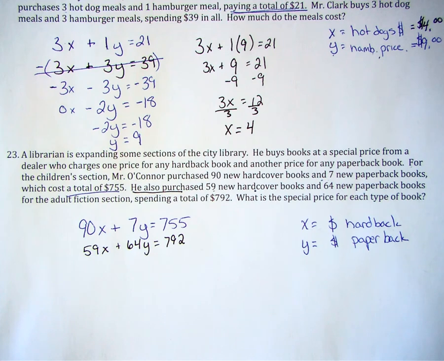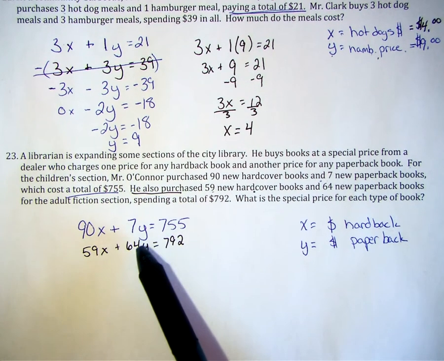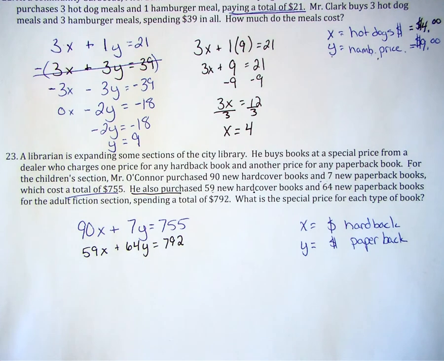We're going to end up with a bit messier numbers. If we try to use the elimination method, we're either multiplying by 90 or 59, or we're multiplying by 7 or 64. If we try to use the substitution method, though, we're going to end up with some pretty ugly fractions.